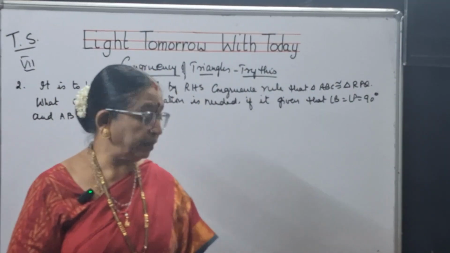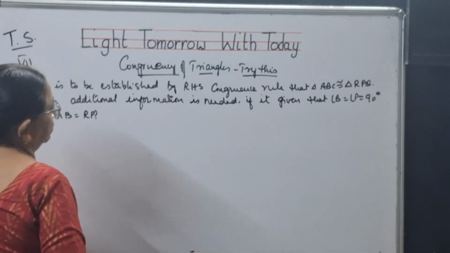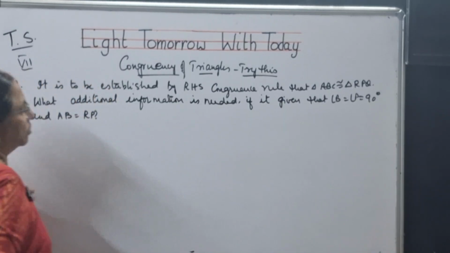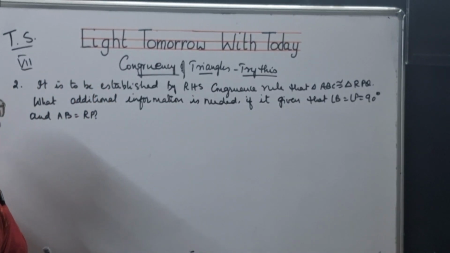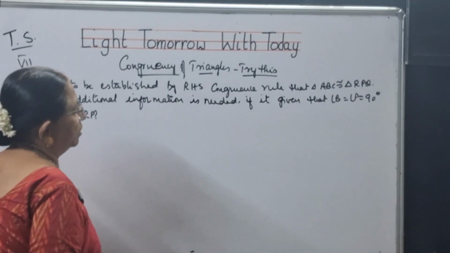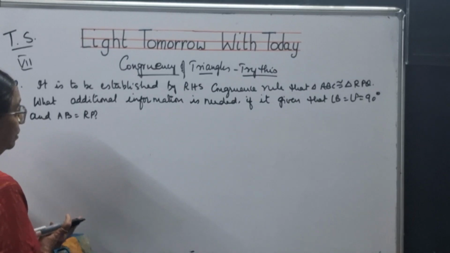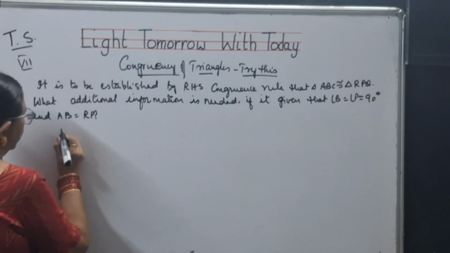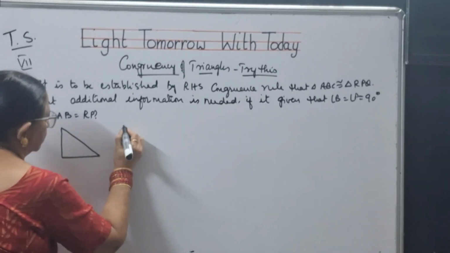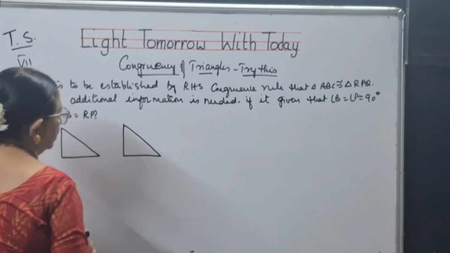Now, the second sum, children. The second sum says, it is to be established by RHS congruence rule that triangle ABC is congruent to triangle RPQ. What additional information is needed? If it is given that angle B is equal to angle P is equal to 90 degrees. So, you have got 2 right angled triangles. This is one and this is one. What did they say?